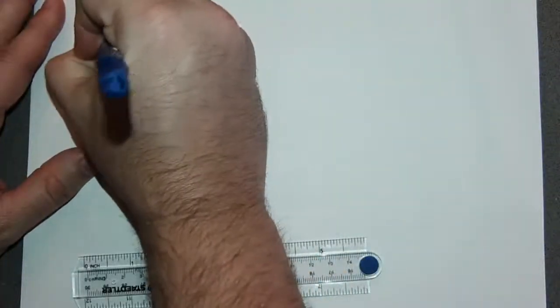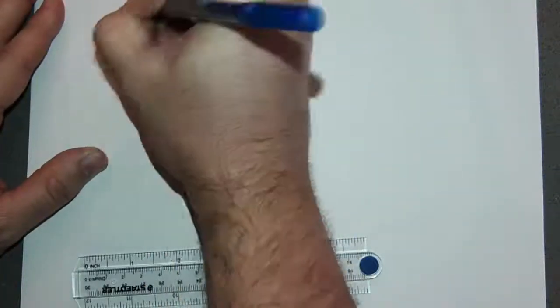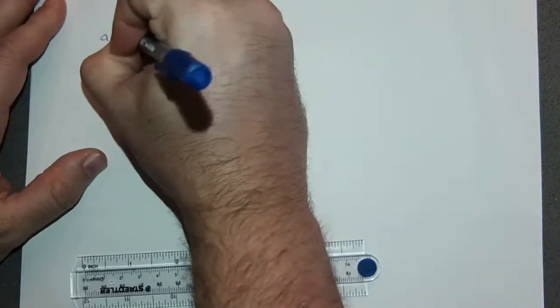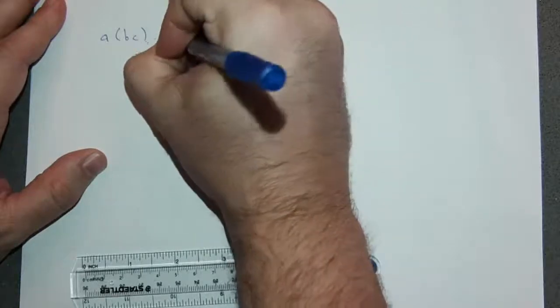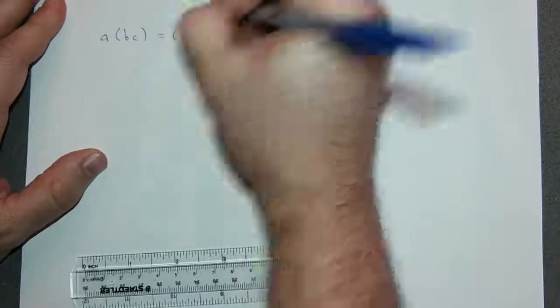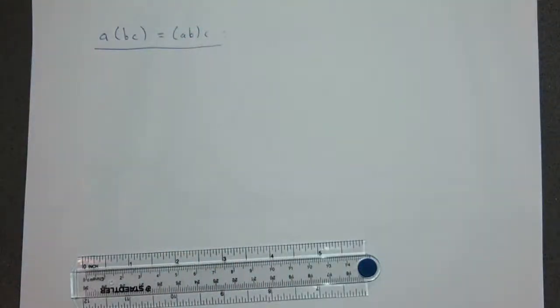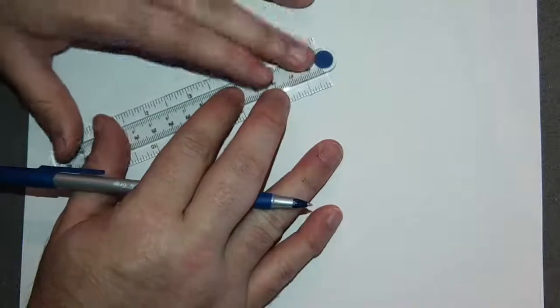So we're looking at here A times B times C, we'll get to that, is equal to A times B times C. So the associative property for multiplication.